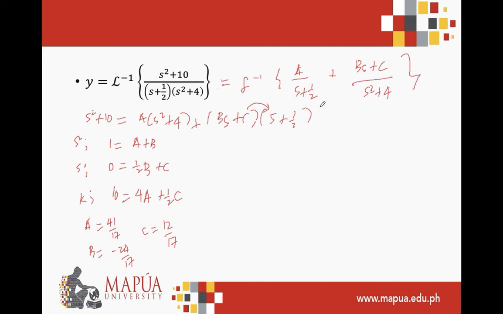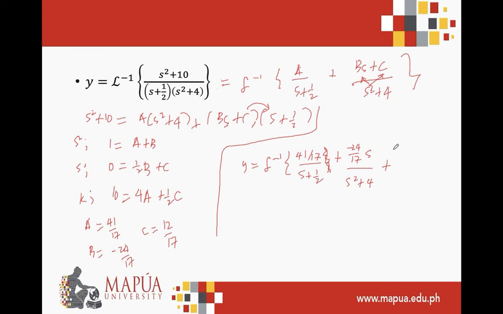Therefore, your y here is equal to the inverse of a, which is 41 over 17 over s plus 1/2, plus, we can split this one into bs over s squared plus 4 and c over s squared plus 4. b is negative 24 over 17 multiplied by s over s squared plus 4, plus c is 12 over 17 over s squared plus 4.